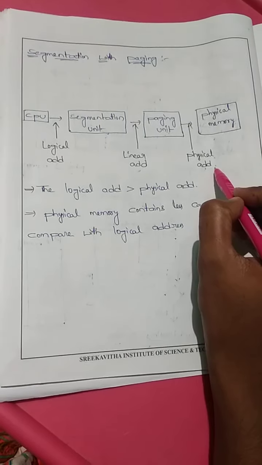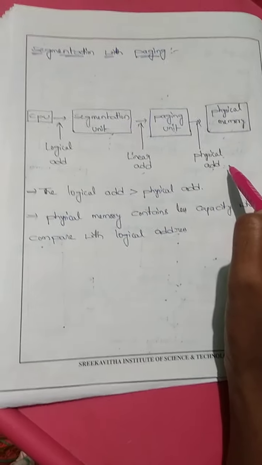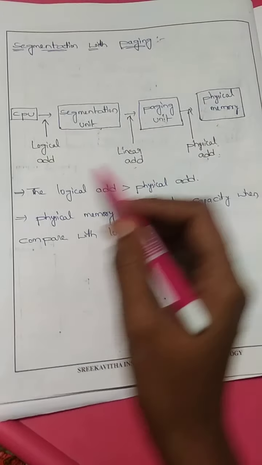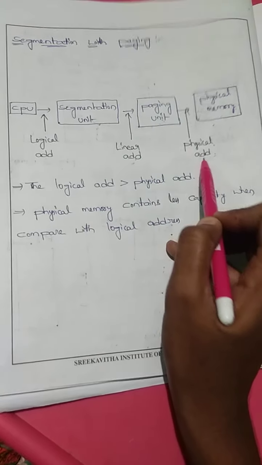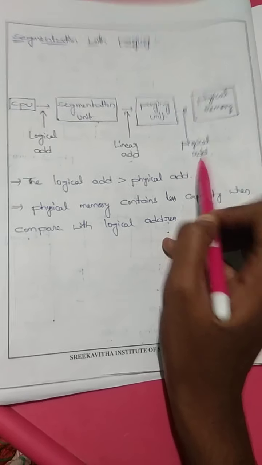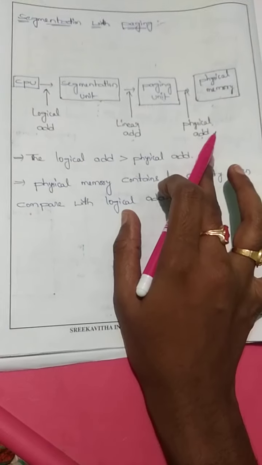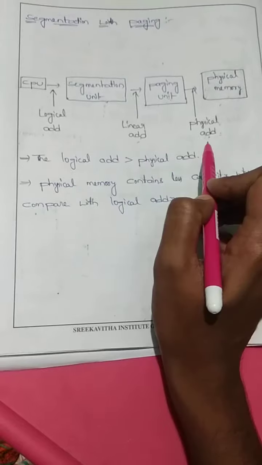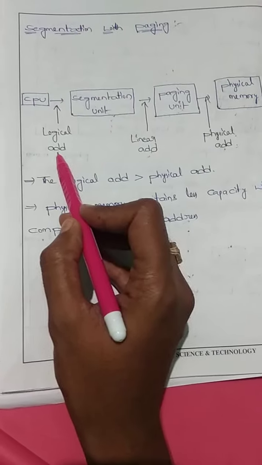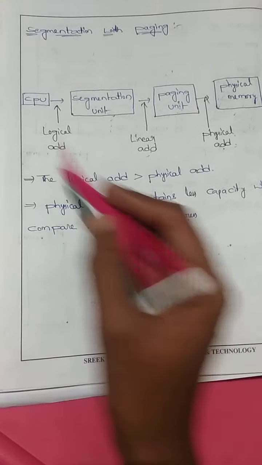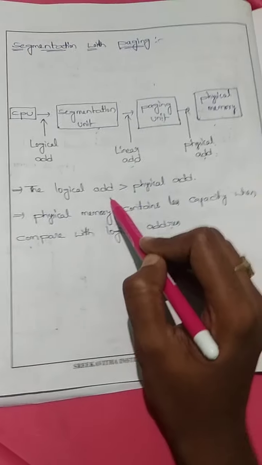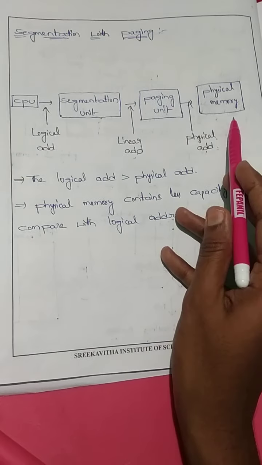In the previous case, we had only two addresses: the logical address and the physical address. So here is a doubt. Why do we need to convert the logical address to a linear address and the linear address to a physical address? Why convert from one address to another? Because the program written by the user, which is indicated by the CPU, has a logical address that is always greater than the physical address.